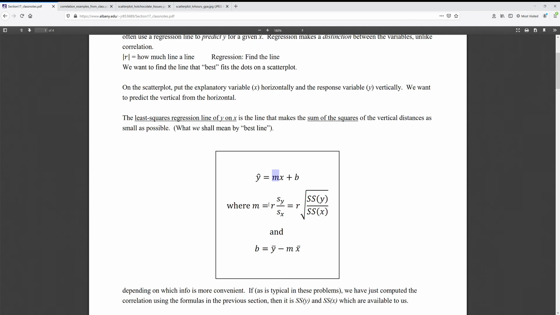So correlation, which was an end in itself in section 16, is now a step along the way for further calculations. So you want to have a fair degree of accuracy for it if you're going the extra mile here. Now, I'm going to assume that you've computed correlation the way we've computed it in the previous section.